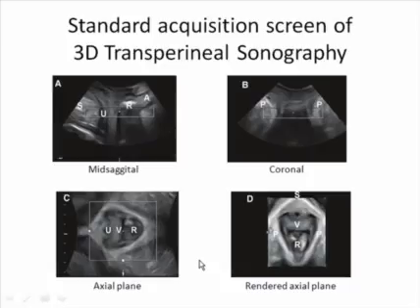These are the images that we see. Here we see a mid-sagittal, a coronal, and an axial plane. The axial plane is tilted 90 degrees to form the excellent image, as you can see here, and appropriately marked.